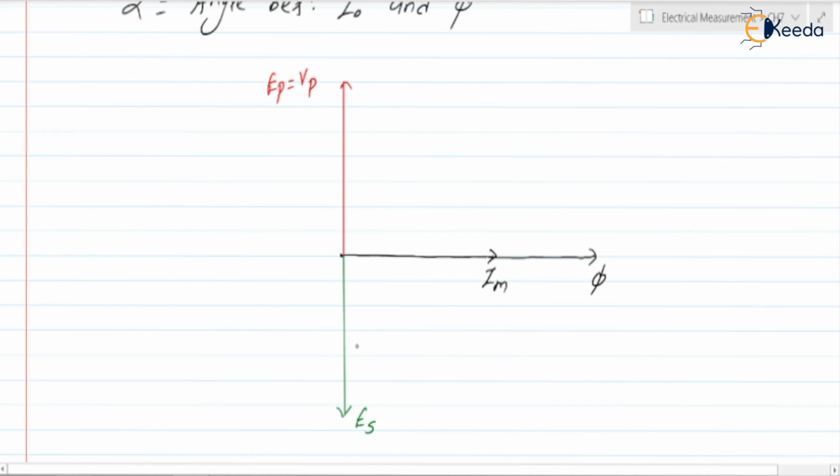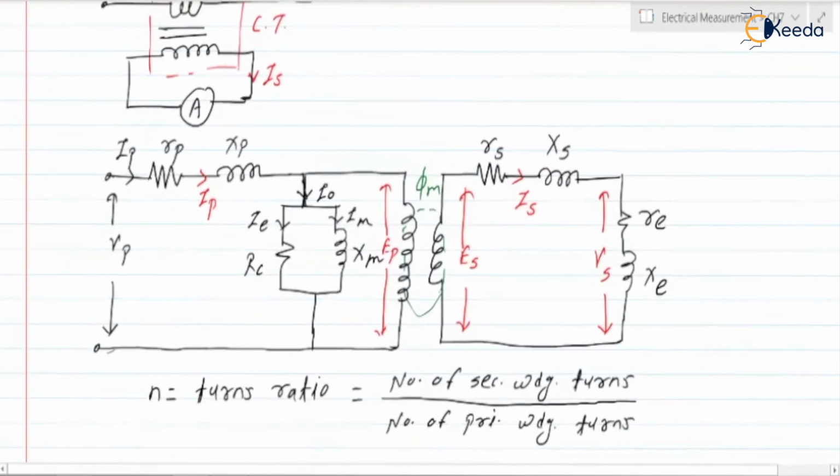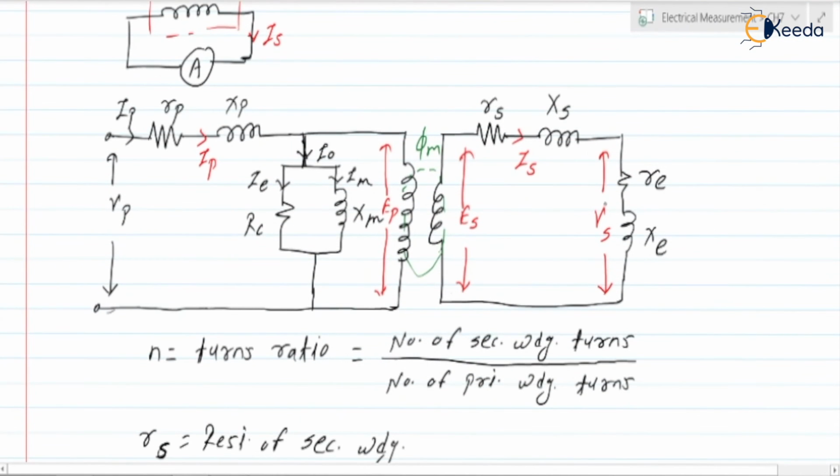Okay, next, suppose here the secondary winding impedance is inductive. Okay, we are having resistance, reactance. So definitely Vs will lag to Es by some angle.